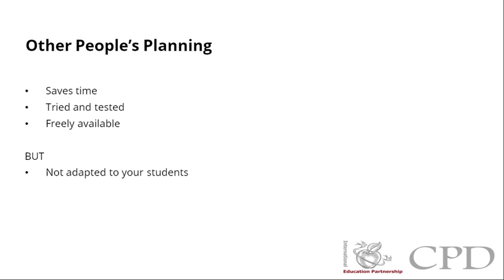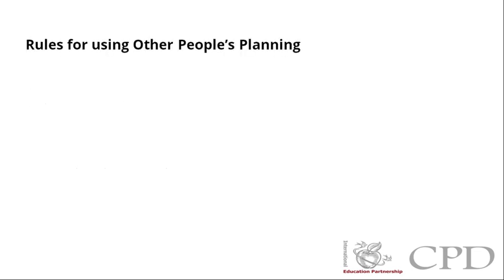So there are some fundamental rules for using other people's planning. You should go through the same steps when you're using someone else's planning as you do when you're starting from scratch. Obviously the process is going to be quicker because you're adapting what's already there rather than starting over, but it is still essential. So the first step is identifying the learning objective. Is it differentiated?